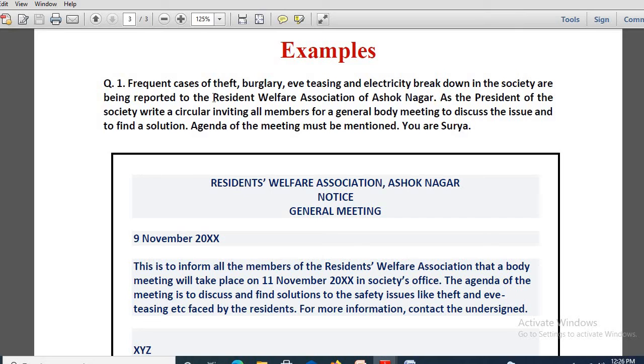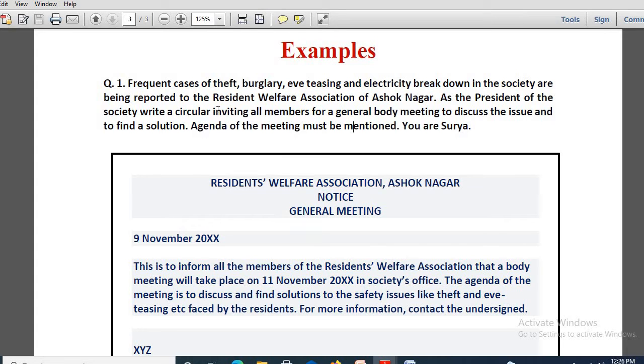So remember, all these things are going on, and the name of the welfare association has been given, Resident Welfare Association of Ashok Nagar.